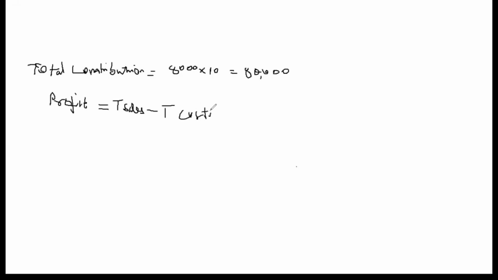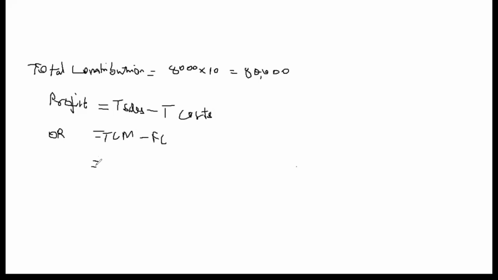And total cost is variable cost plus fixed cost. So we have taken care of sales and variable cost in our contribution. So profit is the total contribution margin minus fixed cost.